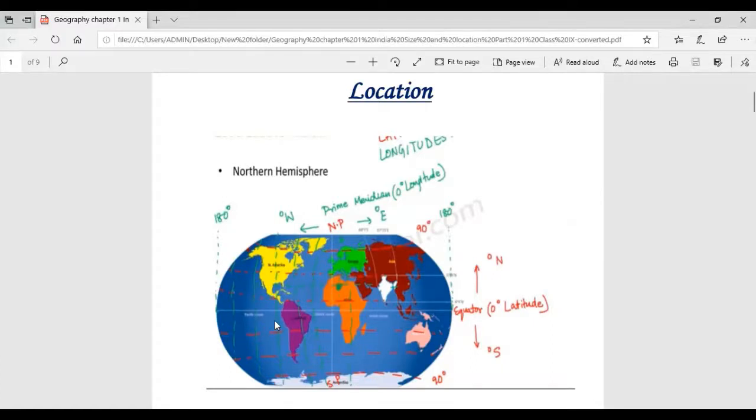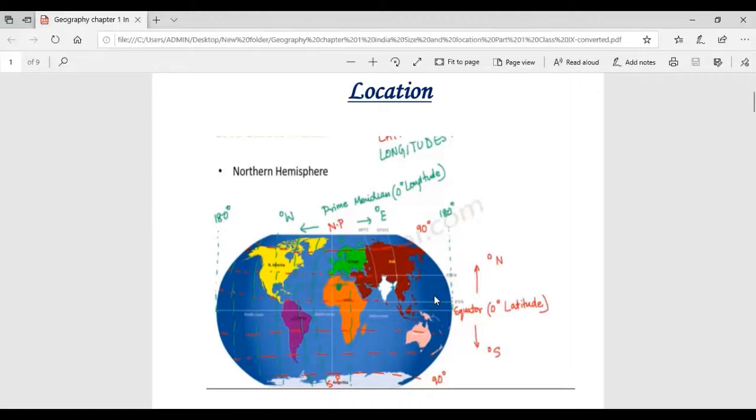So the entire globe is in the shape of a sphere, and that is how the earth is. So we all know that the earth is spherical in shape. Here we can see the Pacific Ocean, and here also the Pacific Ocean. So it is basically like a sphere.